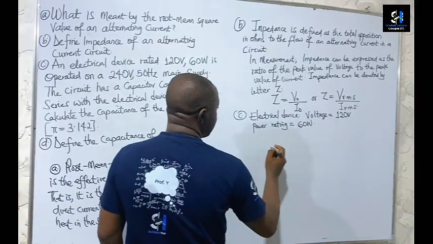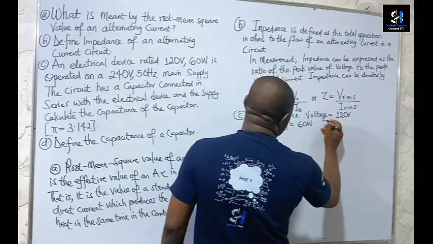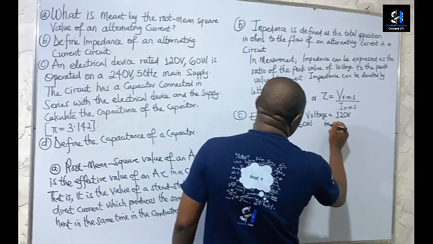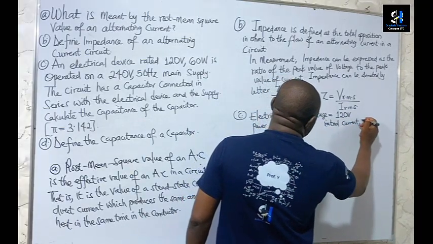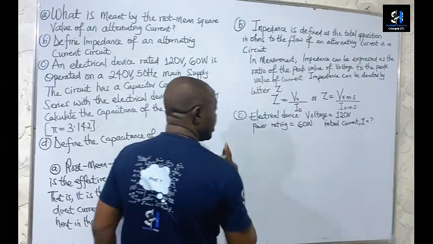So the rated current is what we need to first calculate.